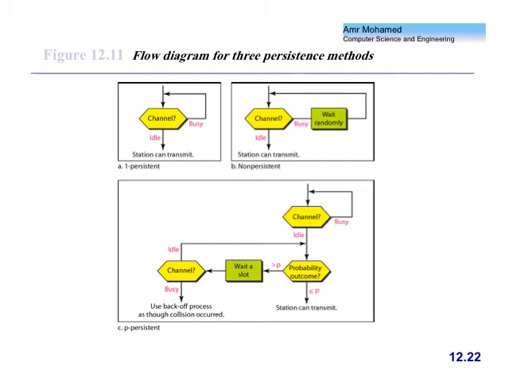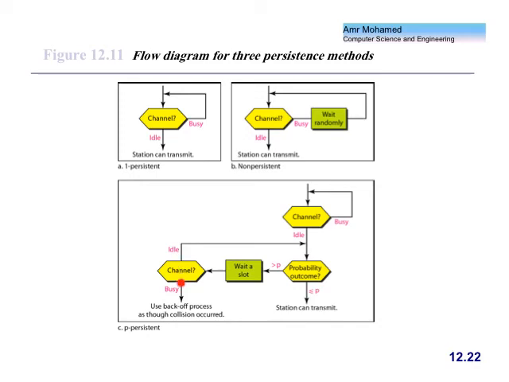If this random number is more than P, this means that you will have to wait for a full time slot. Not a random number here. You will have to wait for a full time slot, which is enough for one station to send one full frame. And then you will again sense whether the channel is idle or busy.